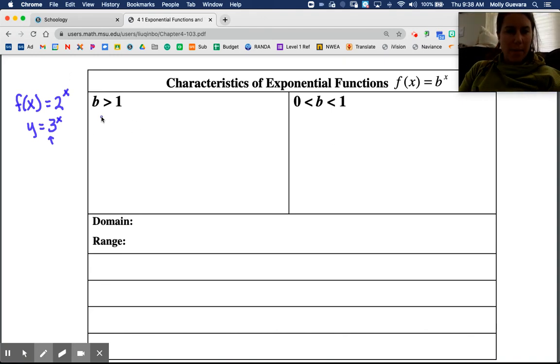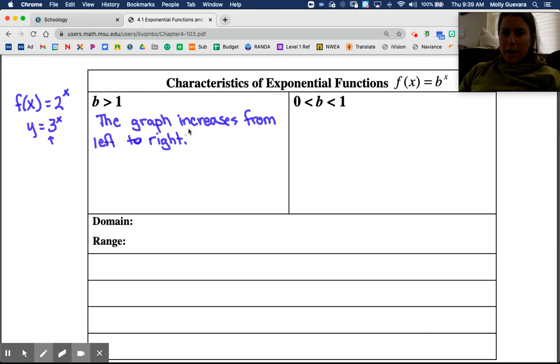So what's going to happen there is the graph increases from left to right. So if we look at that graph of 3 to the x, it's going up.